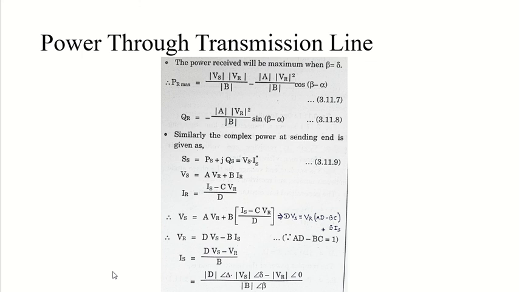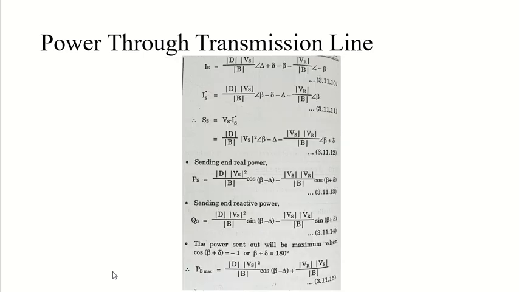So in polar form we will have D angle delta, which we saw initially, D is associated with angle delta, into Vs angle delta, small delta here, minus VR angle 0, divided by B angle beta. So we did nothing but represent the same equation in polar form.